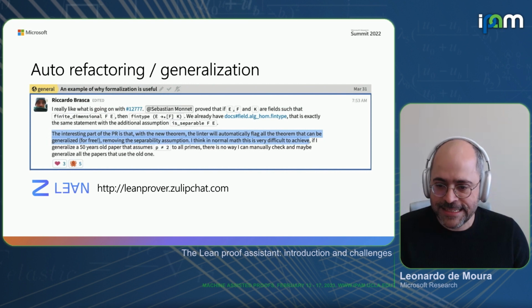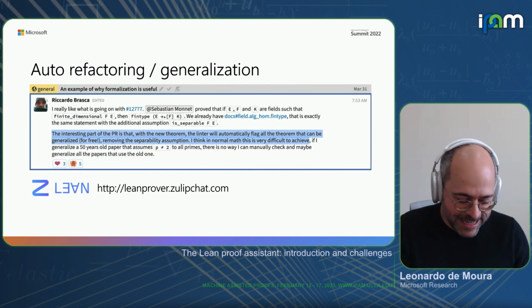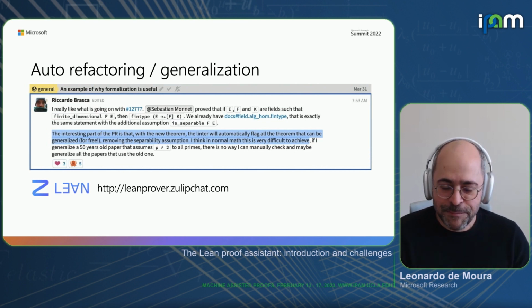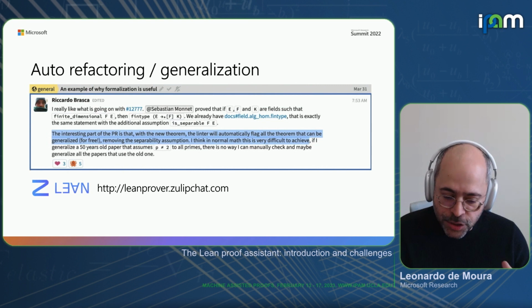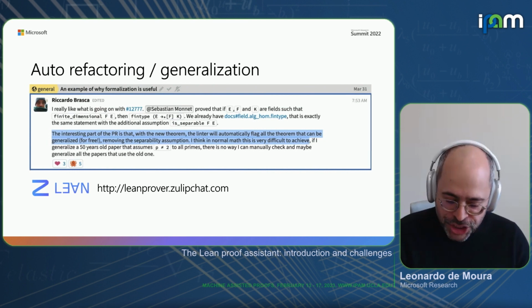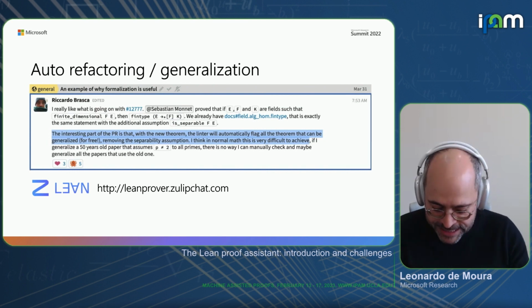How do you propagate that? It's a really hard task to propagate these results, right? But with formal mathematics, this propagation is for free, right? So you can automate. It's the idea that you can treat math as data, right? You can change it. You can write programs that will change it. You try to improve it.